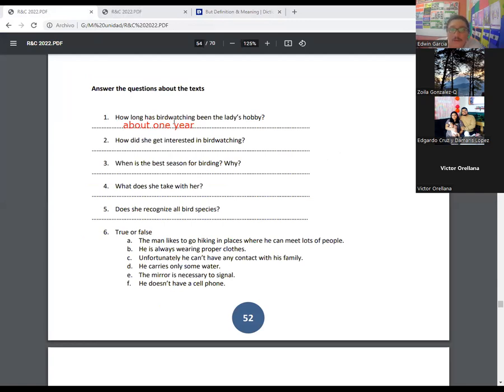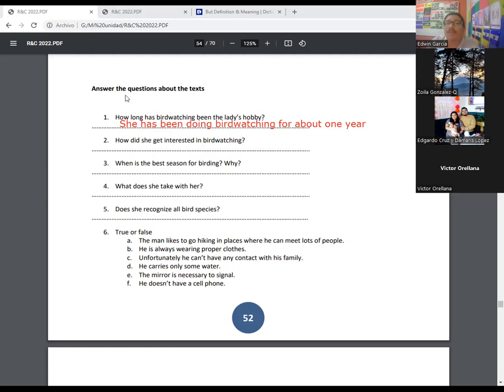You have to say, okay, she has been doing bird watching for about 1 year. This is a complete answer. You can say, hey, about 1 year, and it's a correct answer.